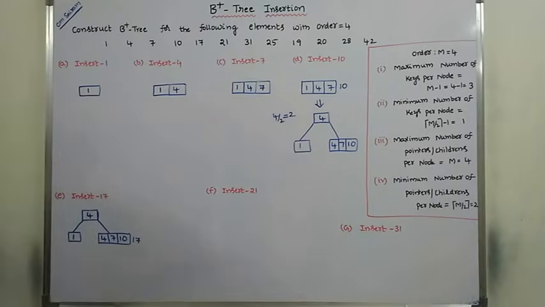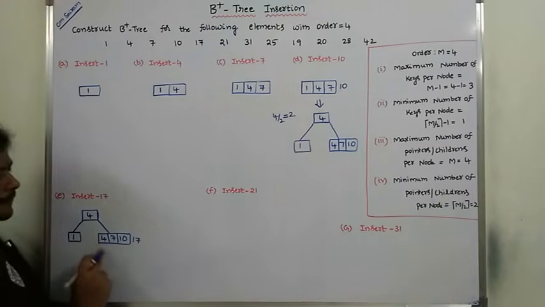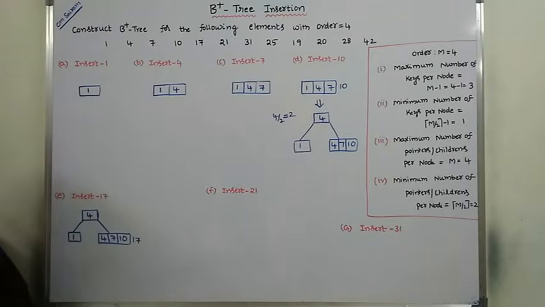Okay. So now, after inserting 17, this node contains 4 key elements: 4, 7, 10, 17. So that it is not possible. It violates property 1. Hence, we are performing the splitting operation. Whenever the splitting operation is performed, 4 elements are there.